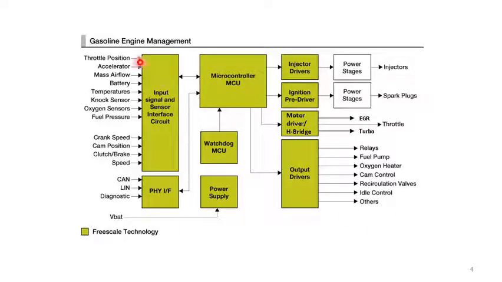Okay, we have seen that the closed loop controller is not only meant for domestic applications, it also has its application in our gasoline engine management system. So the microcontroller or the ECU, electronic control unit, will be the motherboard of this controller.